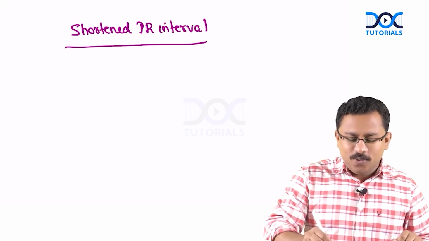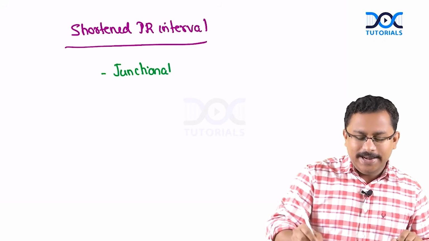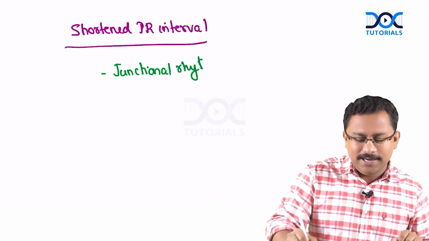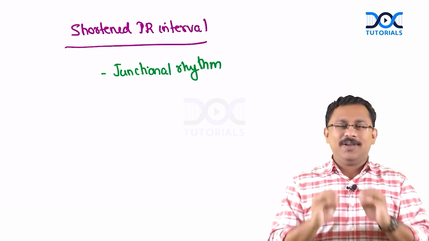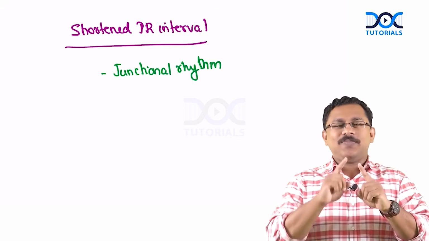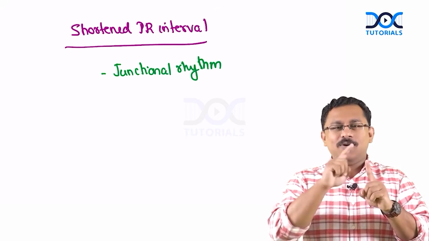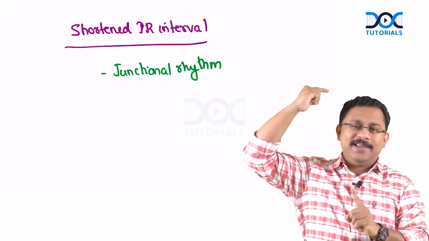So one scenario will be that of a junctional rhythm, an AV nodal junctional rhythm, where the impulse actually originates in the AV node, and from the AV node the impulse propagates. So the impulse from the AV node will go on to the ventricular side and it will go on to the atrial side retrogradely.